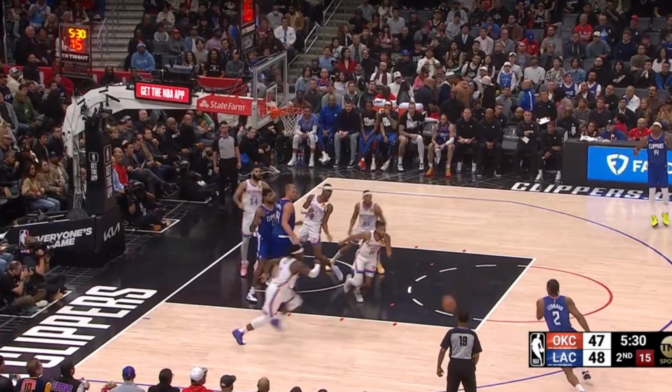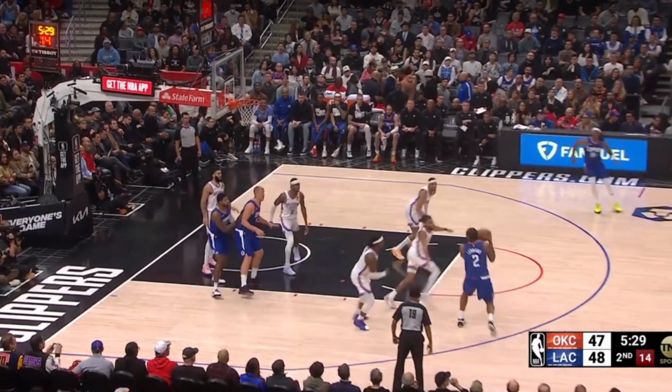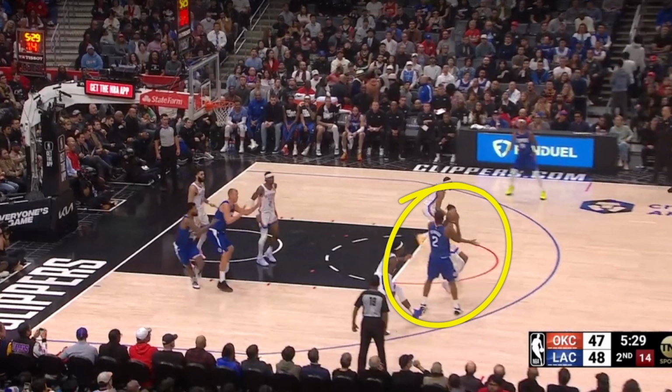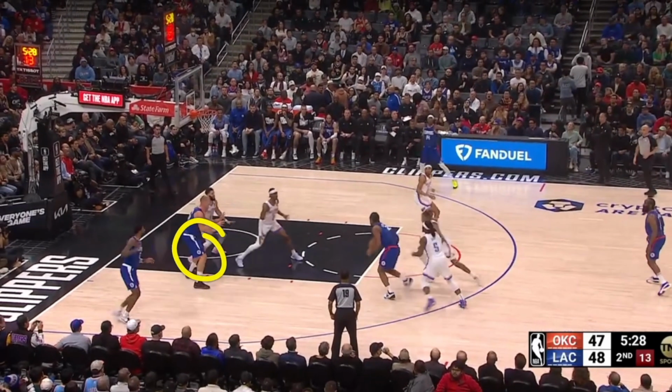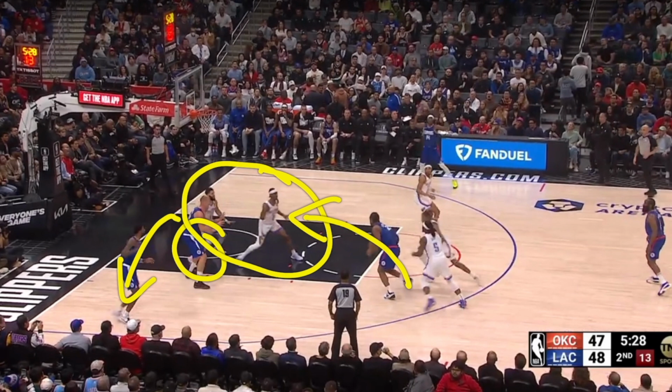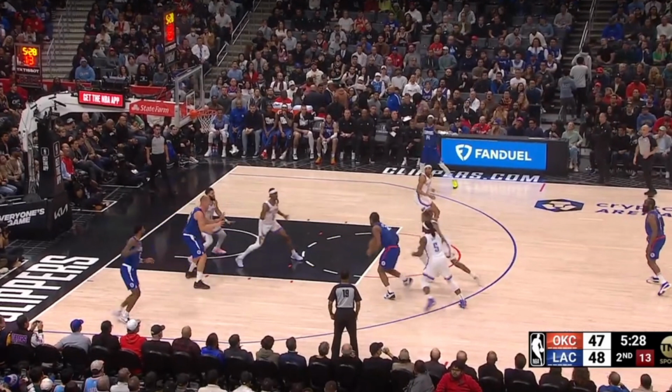At this time, watch what Paul George does. What allows him to score right here is when he sees that Kawhi Leonard gets that ball, guess what? He clears out. They stay with the postman. Paul George clears out because now the defense here is worried about Kawhi Leonard attacking the basket. Kawhi Leonard is a very good player, so obviously he's going to be in attack mode.